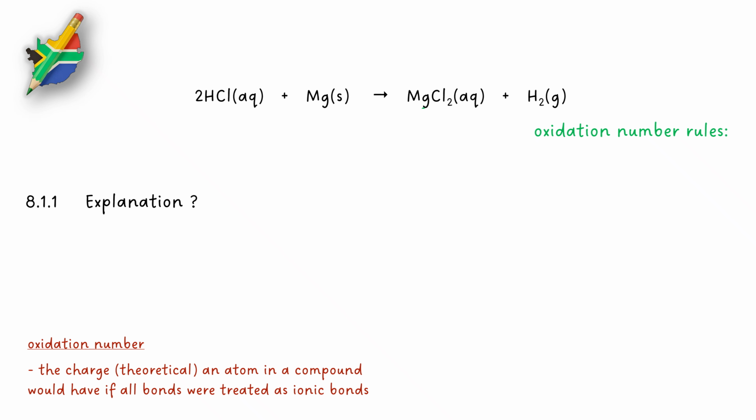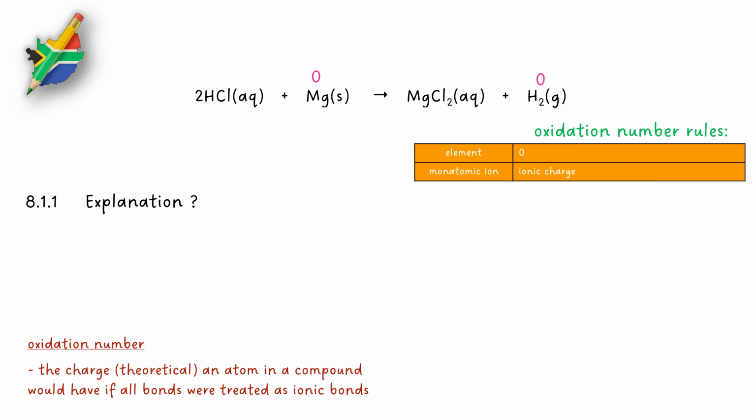Let's look at the rules used to assign oxidation numbers. Firstly, an element, whether it is monatomic or diatomic, etc., has a 0 oxidation number. Solid magnesium is an element and so has 0 for its oxidation number. And diatomic hydrogen is also an element, and so it also has 0 for the oxidation number.